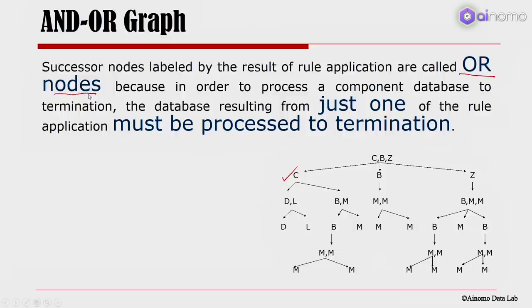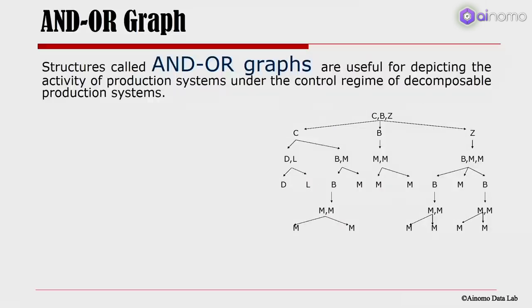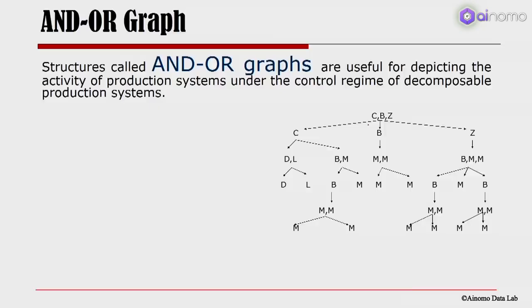Because in order to process a component database to termination, the database resulting from only either this or this must be processed to termination. These are referred to as OR nodes. So structures called AND/OR graphs are useful for depicting the activity of production systems. So these are the AND nodes, these are the OR nodes.